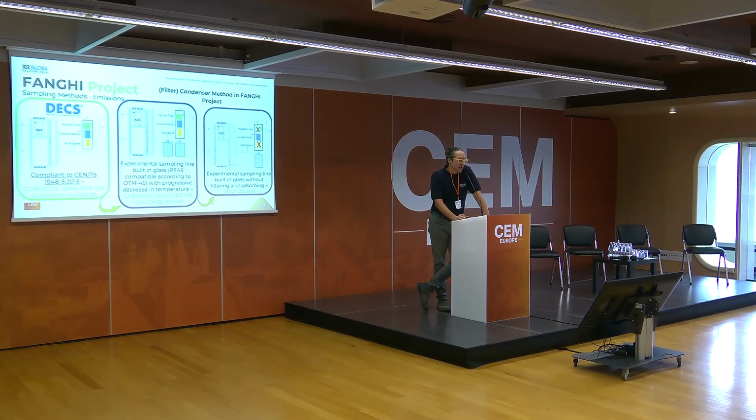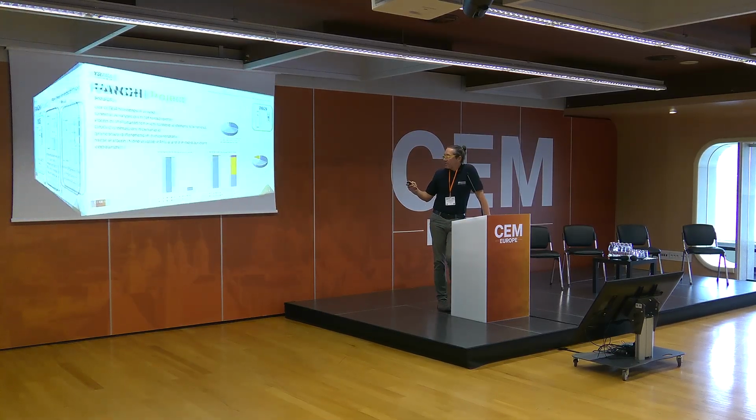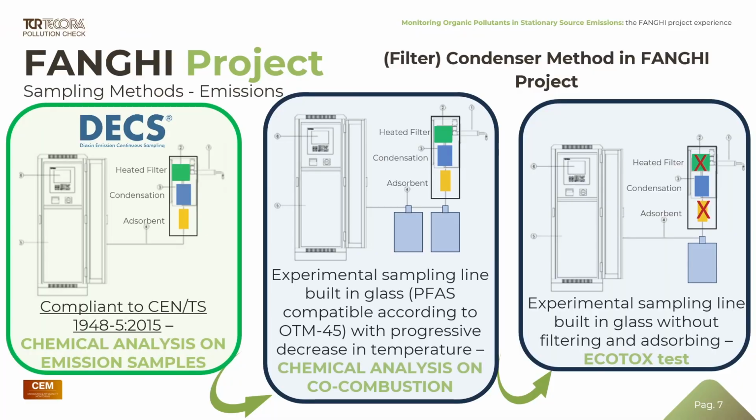It was used on every plant, but this was also the starting point for two other experimental lines. You see in this box an experimental sampling line, all built in glass, so that it was also compatible for sampling PFAS according to the US EPA OTM 45.